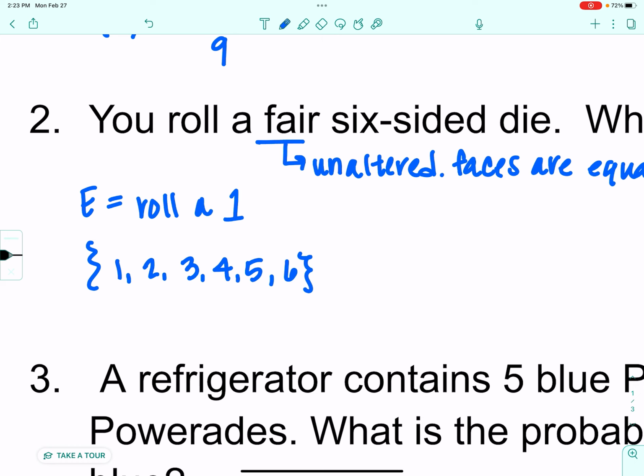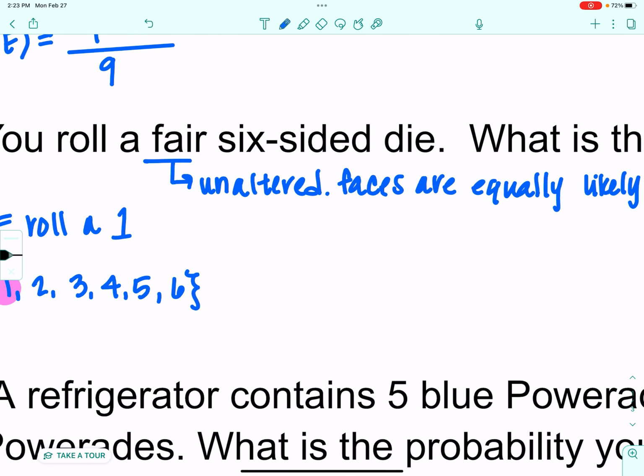Those are all of the possibilities. Only one of those is what I want. So the probability of our event, the probability of rolling a 1, is one possibility out of 6 possible outcomes.